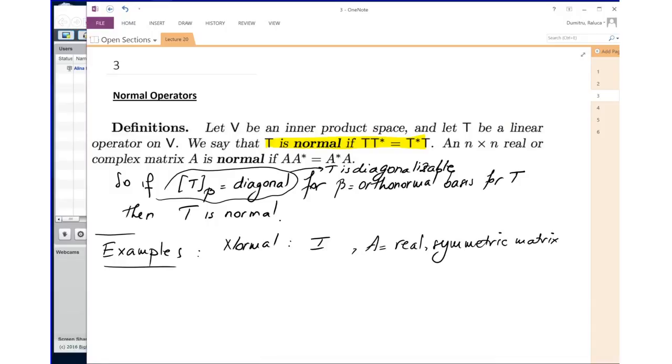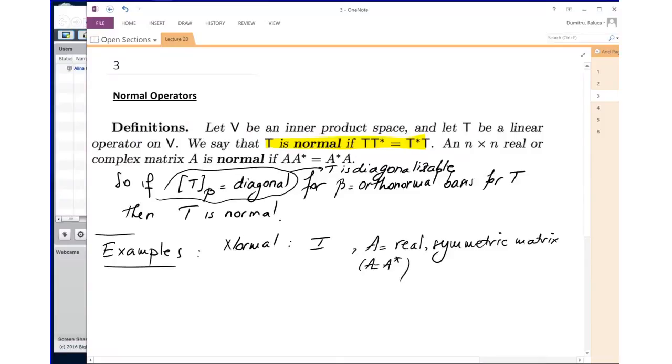What happens with the adjoint when it's real symmetric? Symmetric means equals its transpose, right? So being real, complex conjugates will not do anything. So I'm pretty much saying again that A equals A star. So then, of course, it's normal.